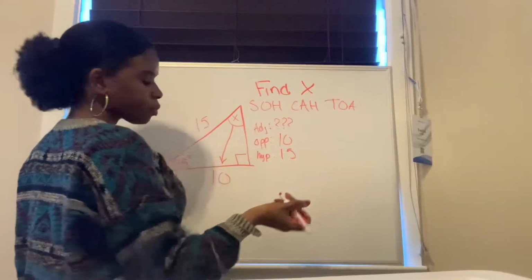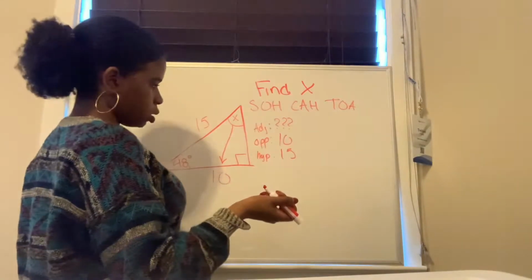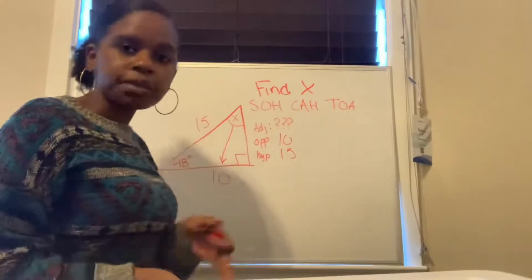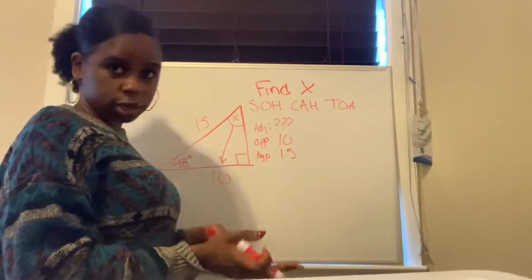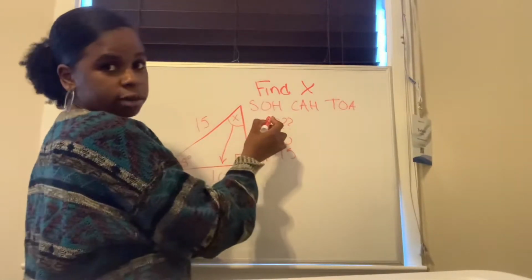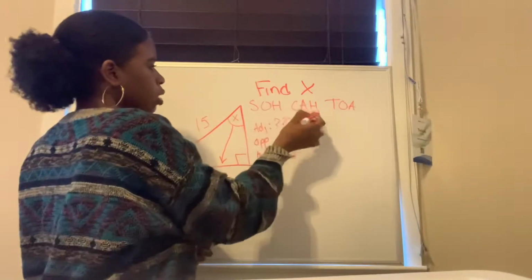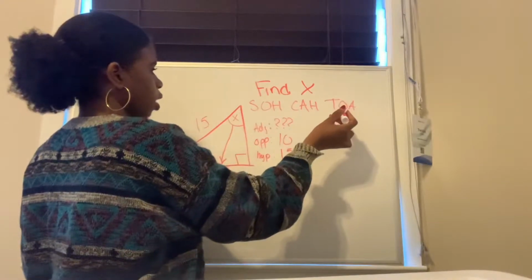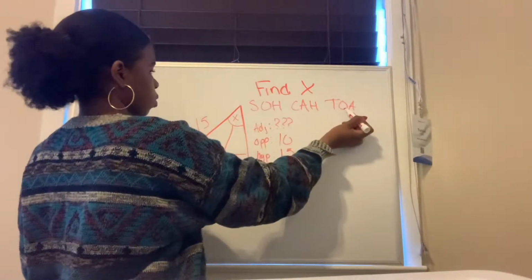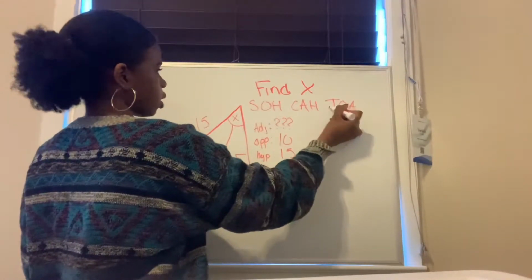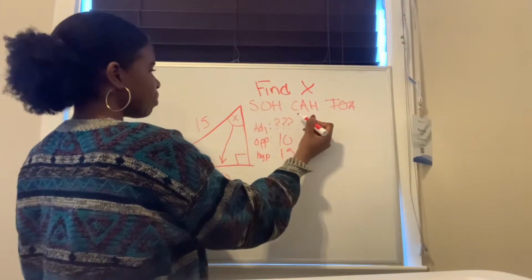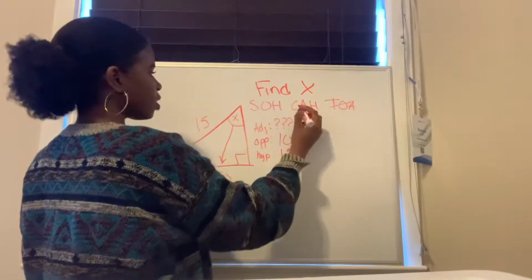Okay, so which trig function only requires the opposite side and the hypotenuse side? Look at our acronyms, SOH, CAH, TOA. Let's see, can it be TOA? Because we don't have the opposite and adjacent. Can't be that. Can't be CAH, because, again, we don't have the adjacent.